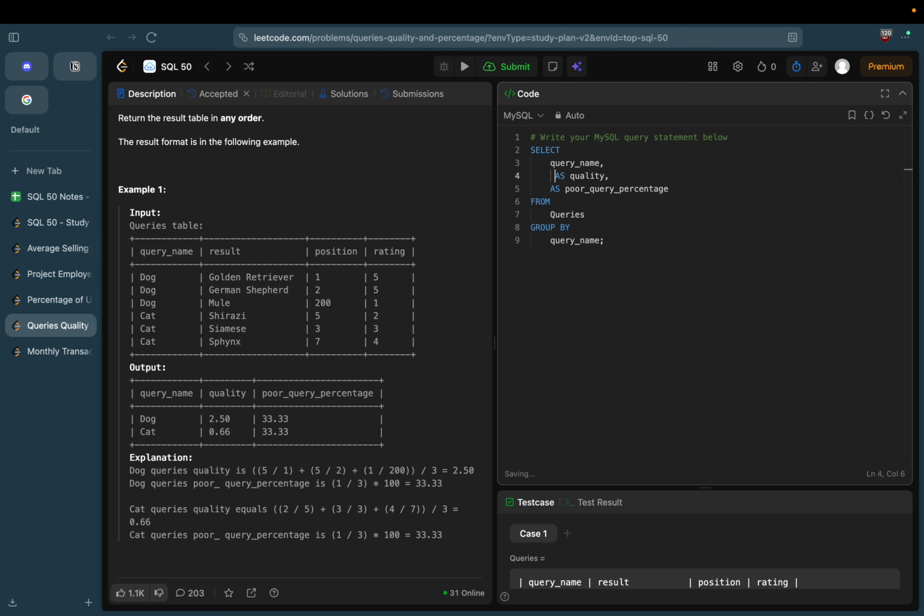First, let's complete for quality directly. Rounding it up to 2 decimal places. Actually an average over here, not a count. A direct average will help us out.